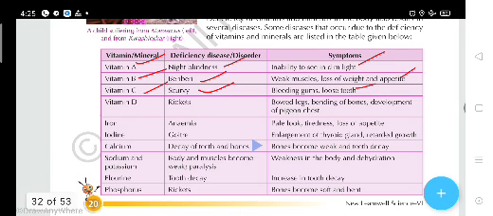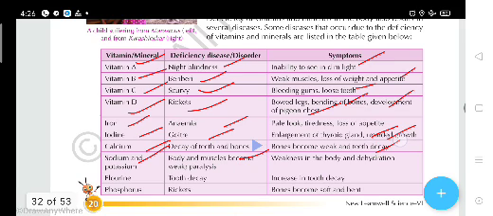Then you can see vitamin D, rickets disease, bow legs, bending of bones, development of a pigeon chest. Iron, anemia, pale looks. Iodine, goiter disease, enlargement of the thyroid gland. Calcium, the bones become weak and teeth decay. Sodium, potassium, body and muscles become weak, weakness in body and dehydration.